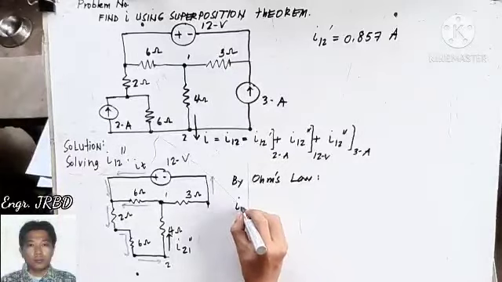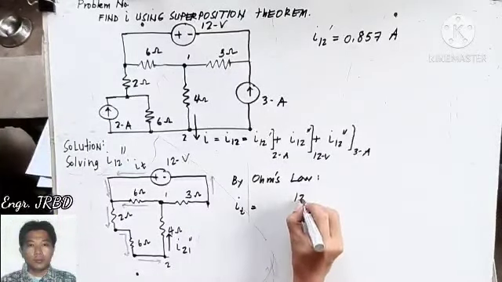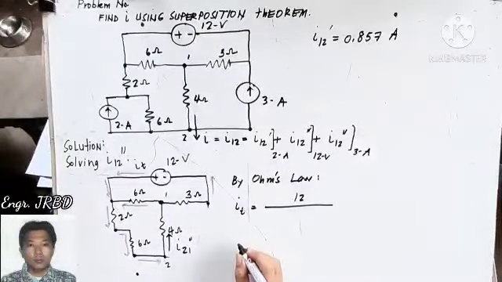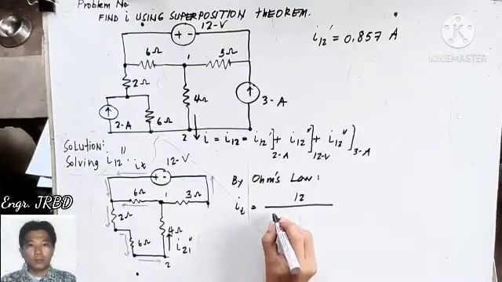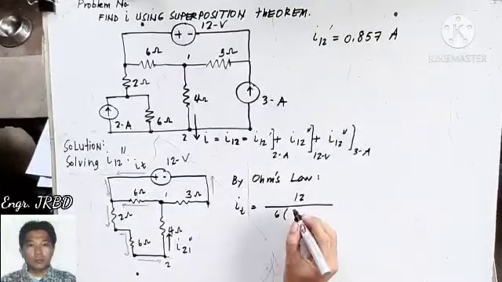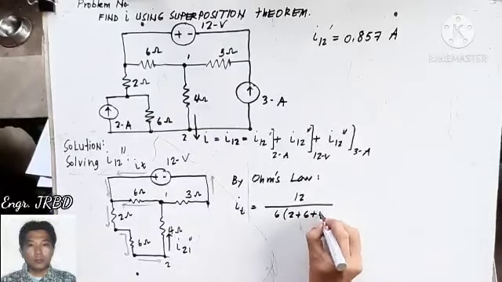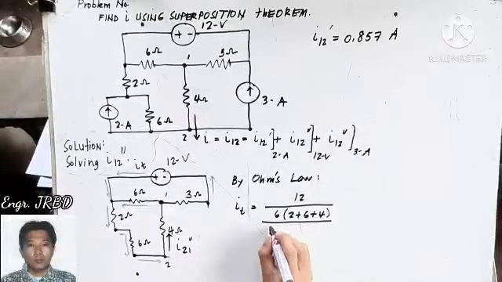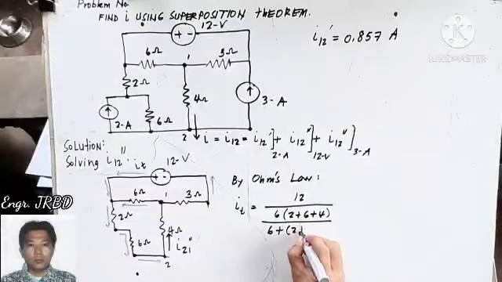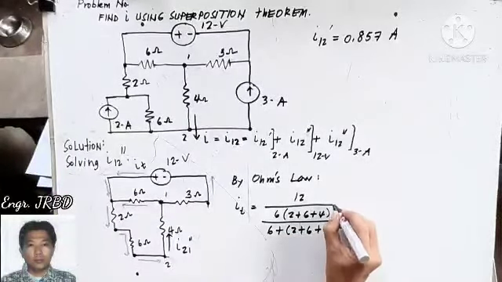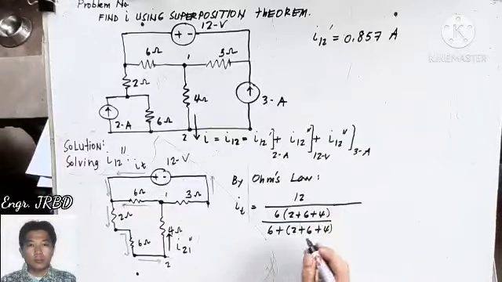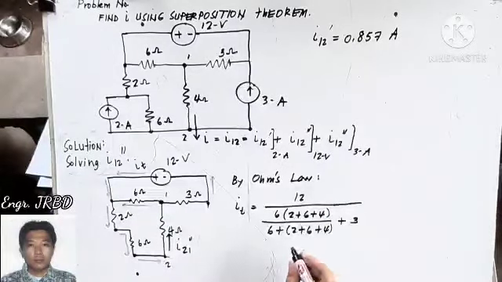So total current is 12 volts divided by the parallel combination of the series network of 2, 6, and 4 divided by 6 plus 2 plus 6 plus 4. This combination is in series with 3 ohms.